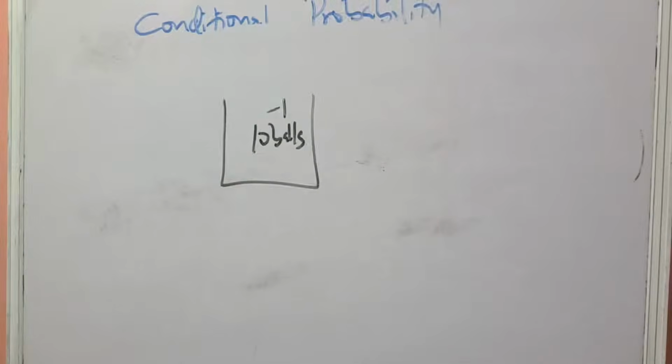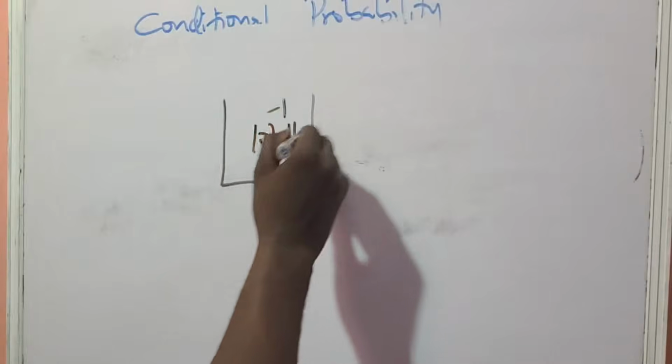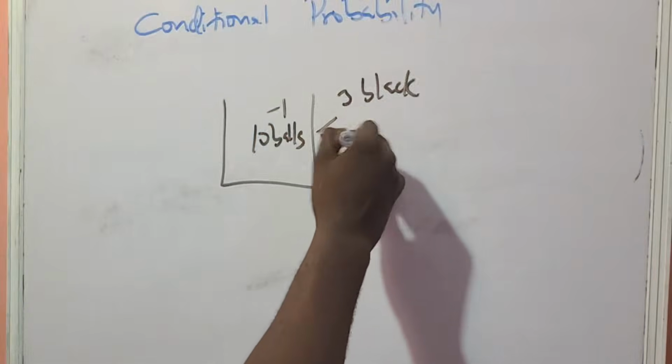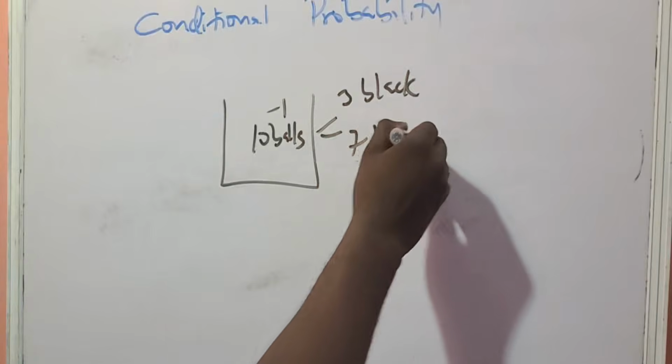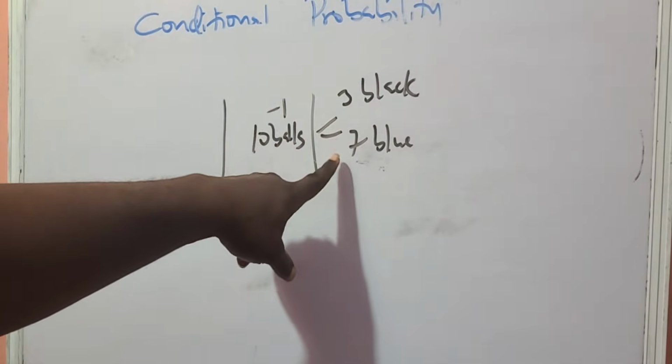Now, I need to say one thing. One of the technicalities that used to come out is that they can tell you, for instance, that these 10 balls, we had 3 black, we had 7 blue.